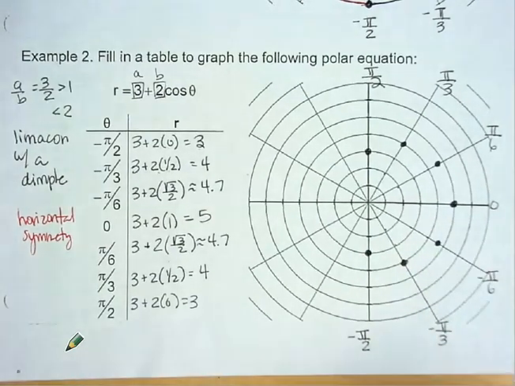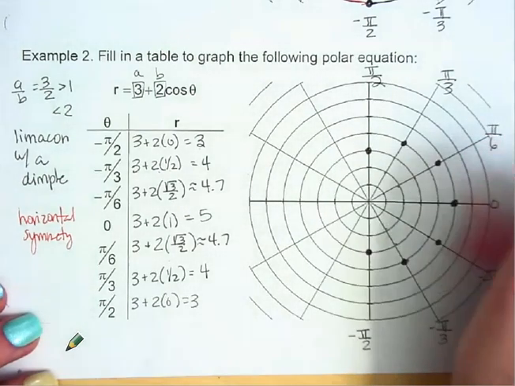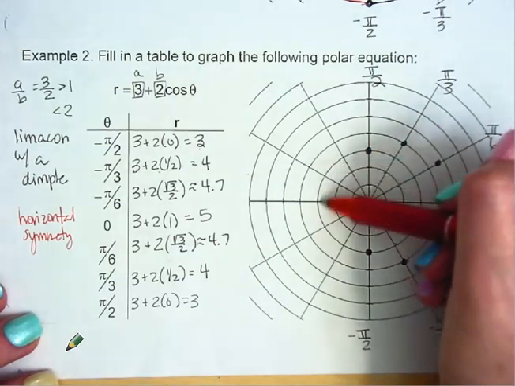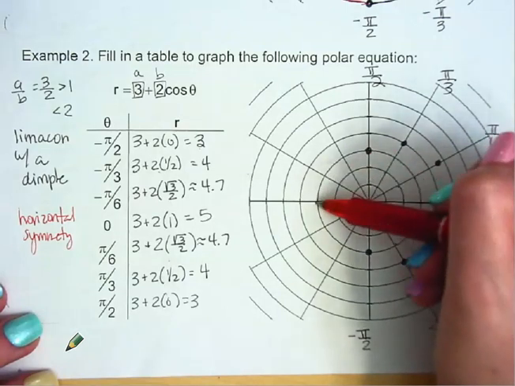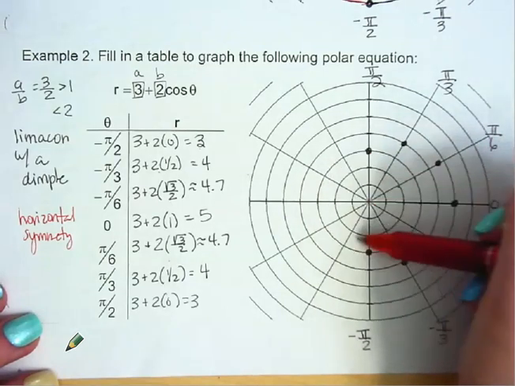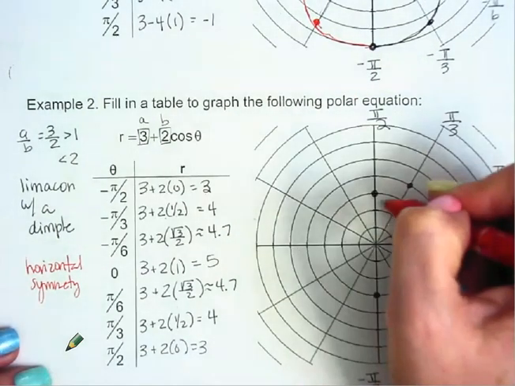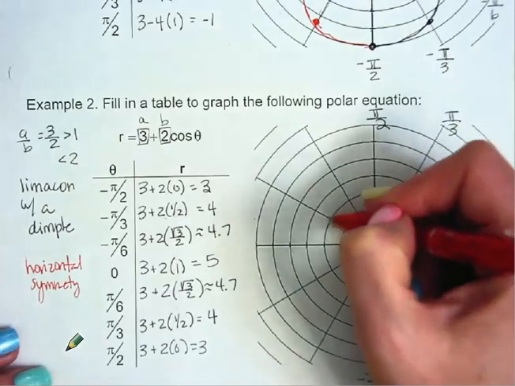So to get enough points that I could just reflect the rest, I need to get points between here and the horizontal axis. Once I get points here, here, and here, I have enough to just finish with symmetry. So I'm going to create new values at these areas.